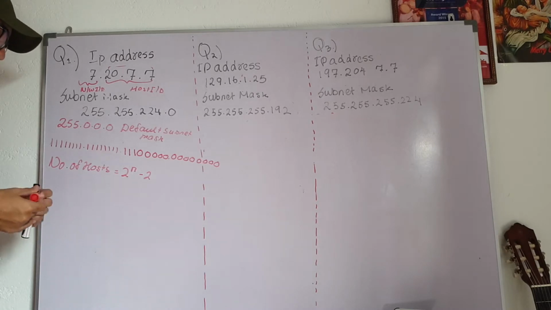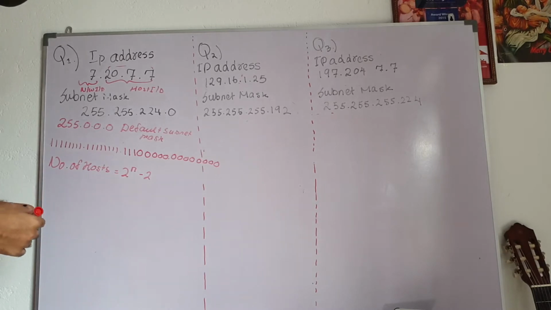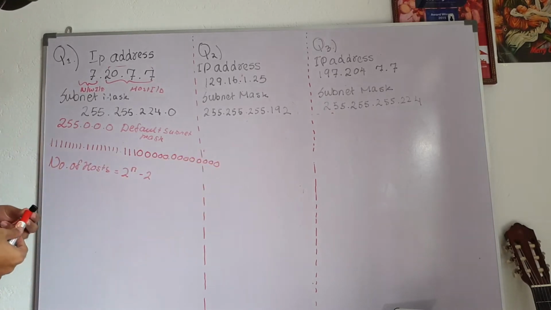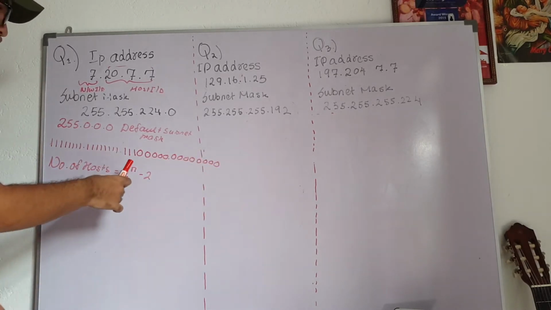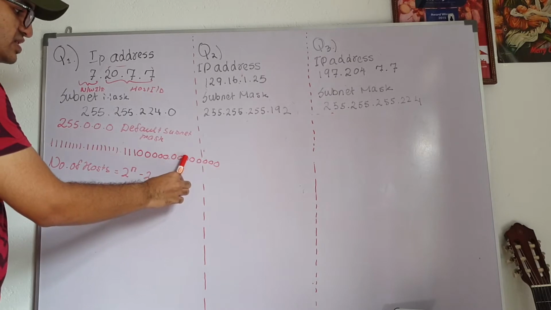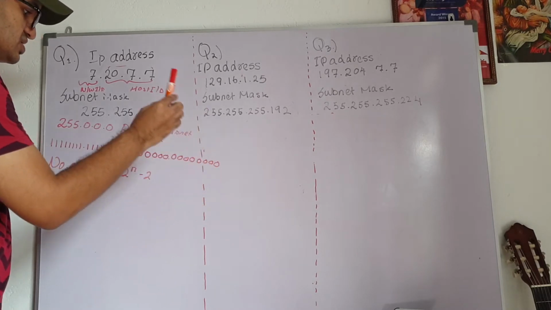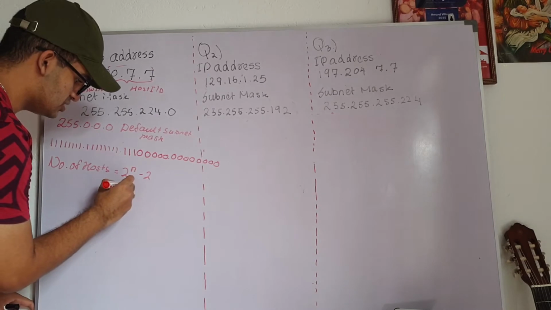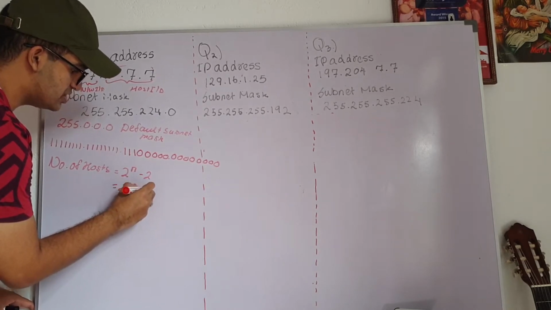The n in this equation is the number of zeros written here. Counting them: 1, 2, 3, 4, 5, 6, 7, 8, 9, 10, 11, 12, 13. So there are 13 zeros, and the number of hosts is 2 to the power 13 minus 2.